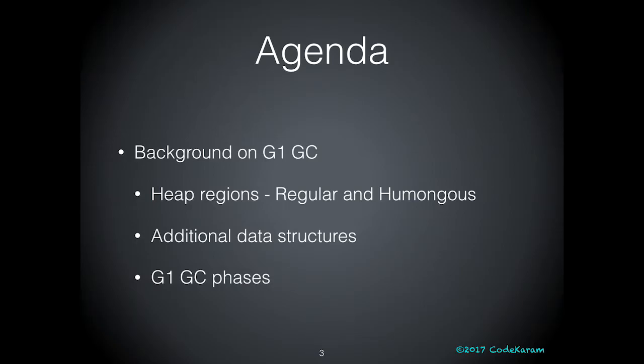And then GC phases. Basically, G1 GC goes through young collections, and then after the threshold is crossed, it starts a concurrent mark cycle, and then eventually, after you've identified the candidate old regions, you go and do mixed collections.